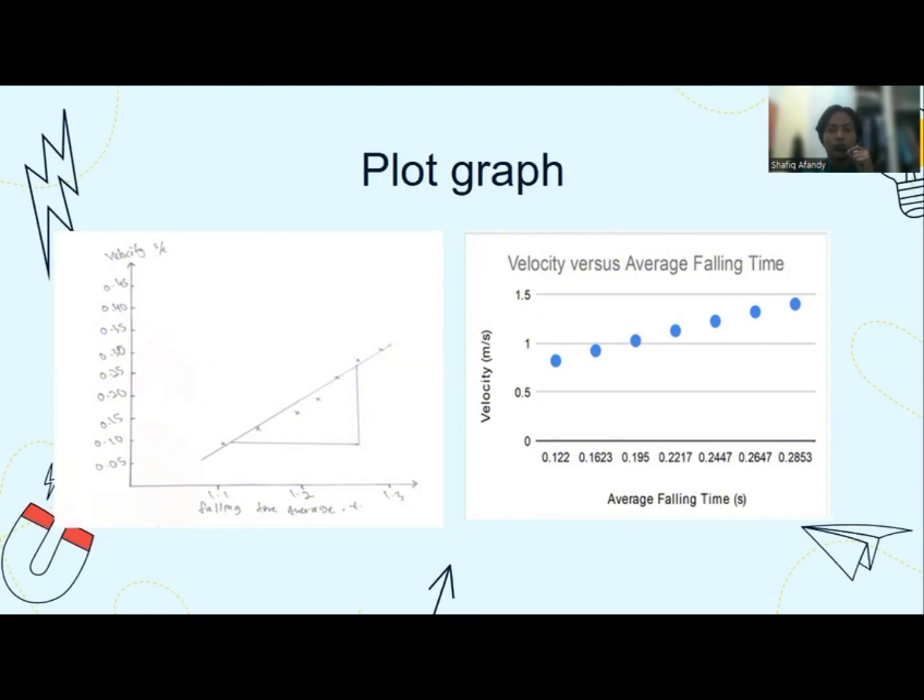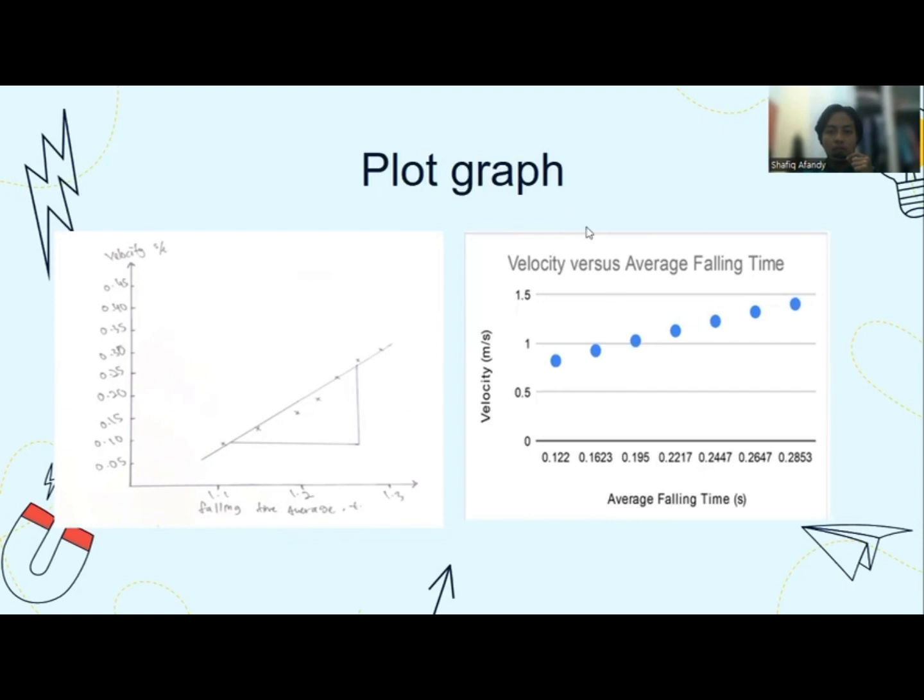Okay, I want to present about the plot of a graph between velocity and falling time average t. Okay, for this one, I made it handwritten, and for this one, I made it using Excel.